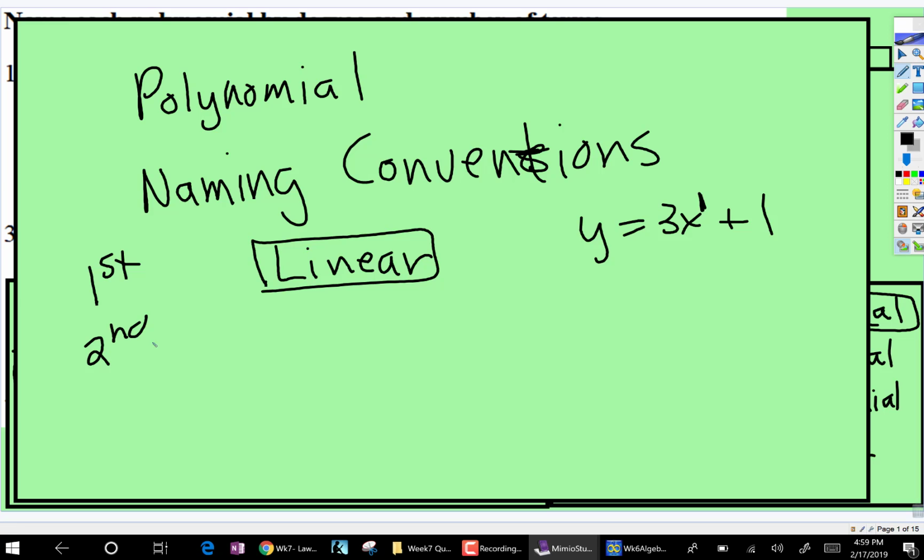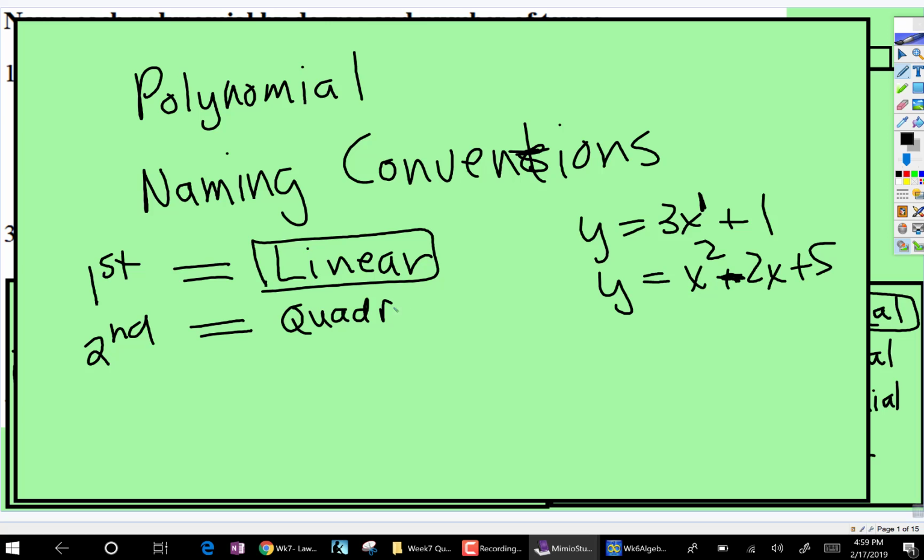If you have a second degree, so y is equal to x squared plus or minus something, that's a second degree. Well, that's a quadratic, right? So even though it's a second degree trinomial, second degree and quadratic mean the same thing.